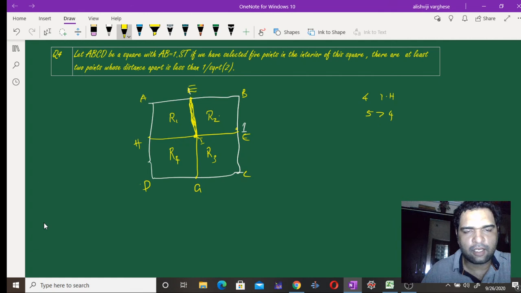So one of these four regions will contain 2 points.